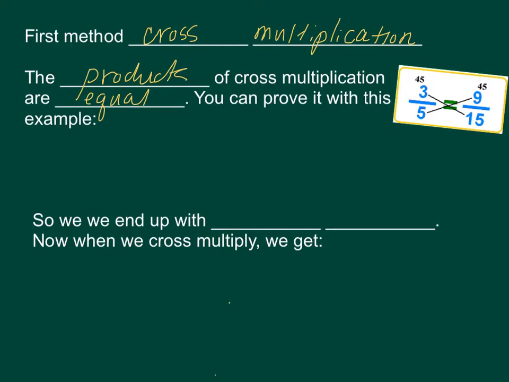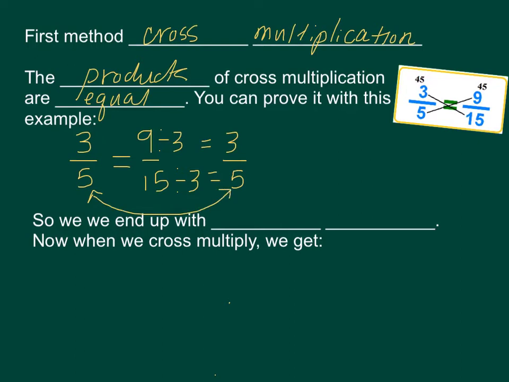So if we have 3/5, and we're saying that is equivalent to 9/15. Well, first off, I can say, yes, I know this is equivalent because 9 divided by 3 and 15 divided by 3 would give us 3/5, and 3/5 equals 3/5.